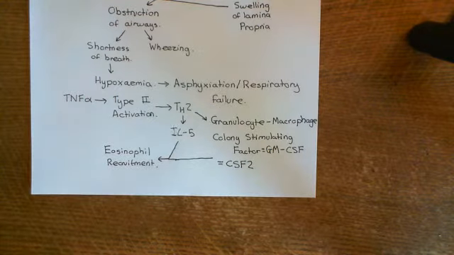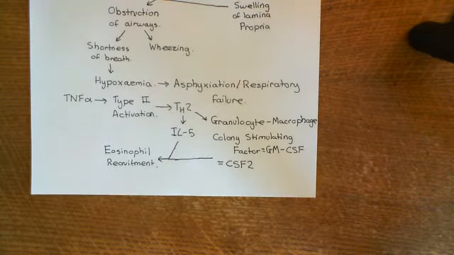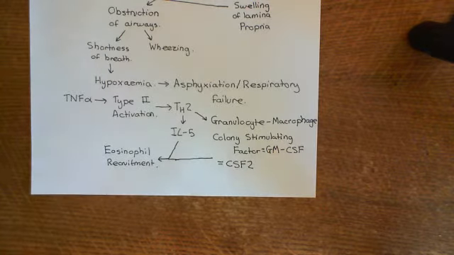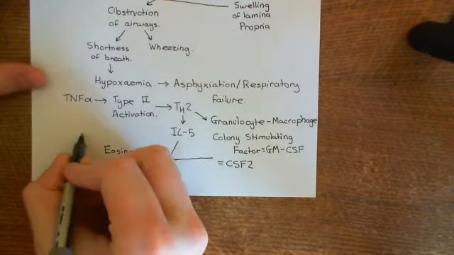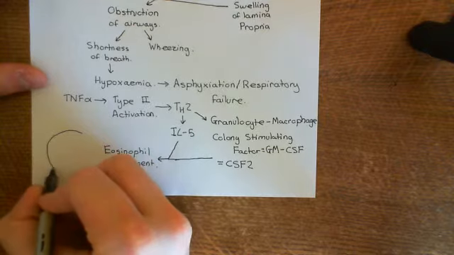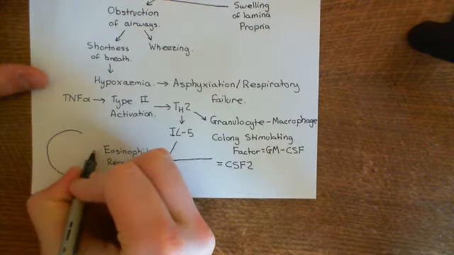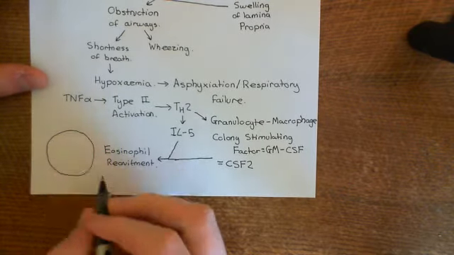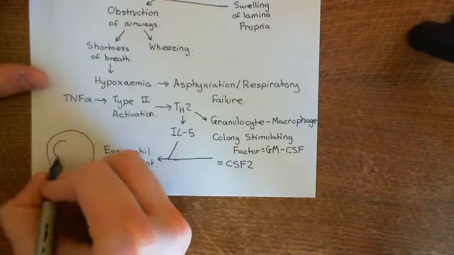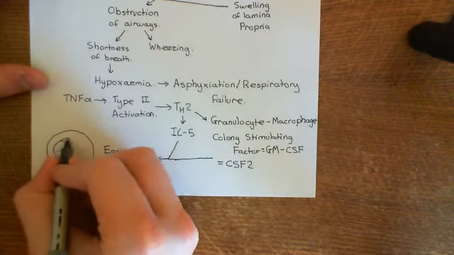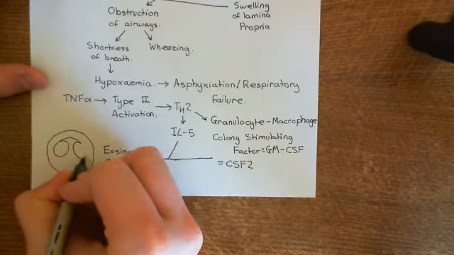In addition, this interleukin-5 and the granulocyte macrophage colony stimulating factor, or the colony stimulating factor 2, they also activate the eosinophils. So let me just show you the structure of an eosinophil, because it's a rarer type of leukocyte. It's rarer to actually see these involved in something. Eosinophils have this bilobed nucleus, like so.